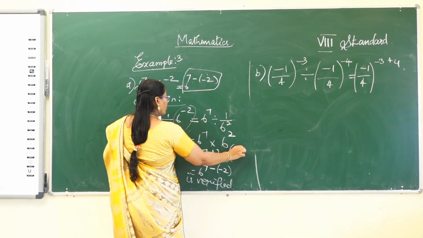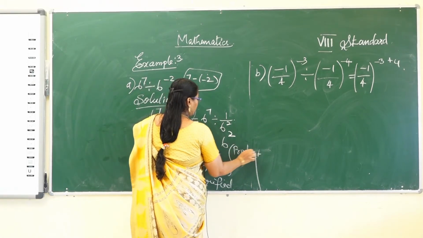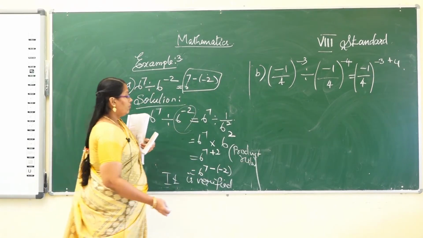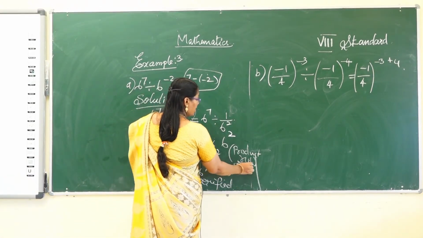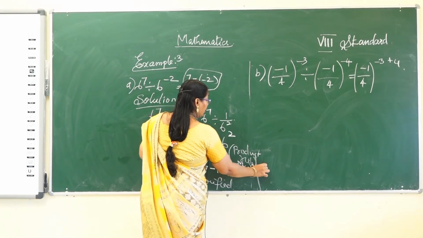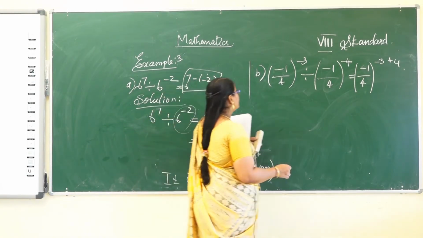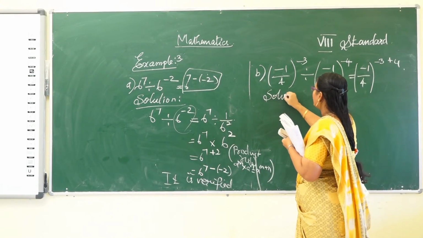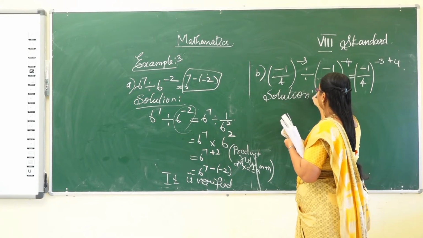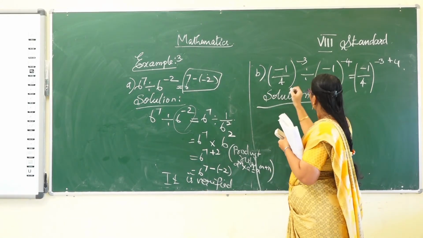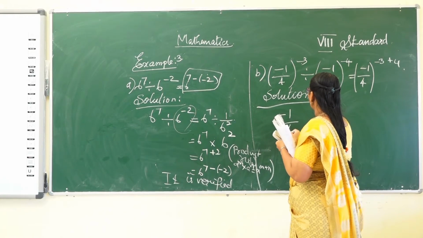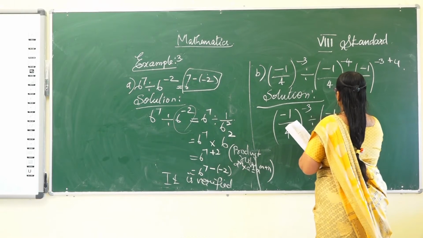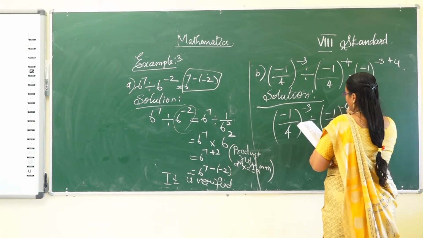Here write the product rule. Okay. What is the product rule? a^m into a^n is equal to a^(m+n). And the second problem, B: we consider the left hand side, (-1/4)^-3 divided by (-1/4)^-4.